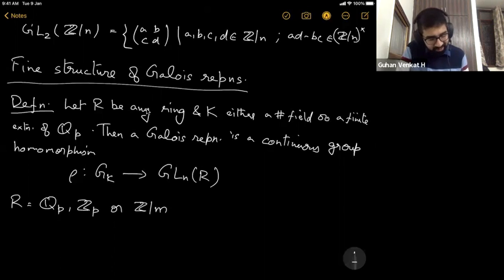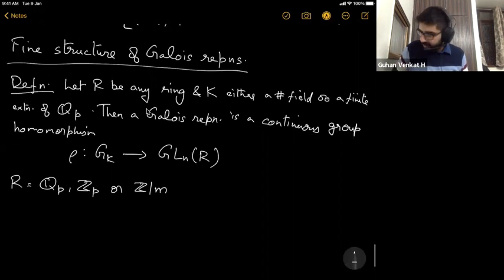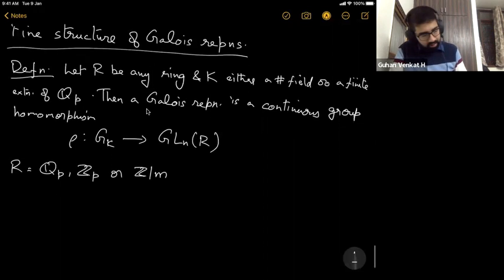When you take Z mod M, you give it the discrete topology, and then define such a group homomorphism. All right. So how does this tie up to the elliptic curve? You can define a p-adic Tate module of elliptic curves.